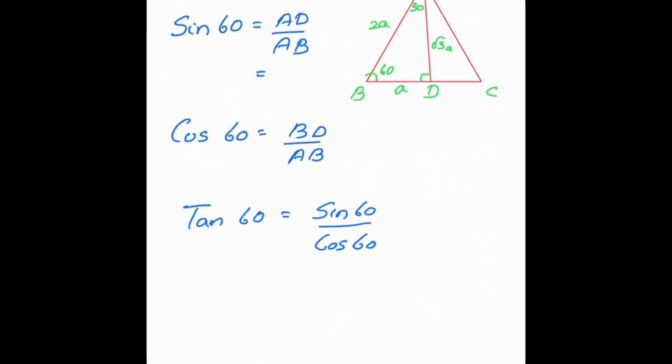Now coming to sin 60, it is the same figure. So we are going to find the value of 60. So sin 60 is opposite side AD by hypotenuse 2a. Opposite side is root 3a by AB, which is 2a.